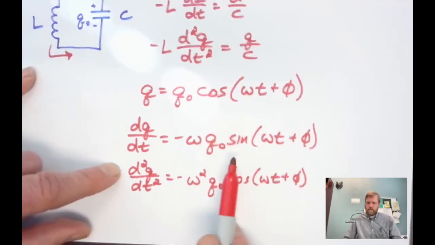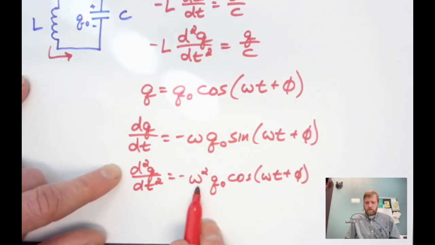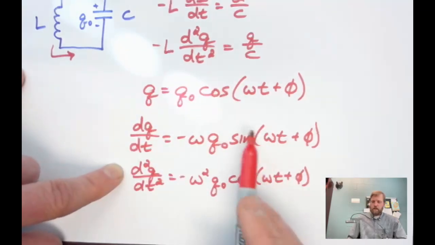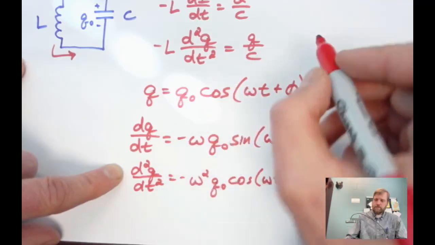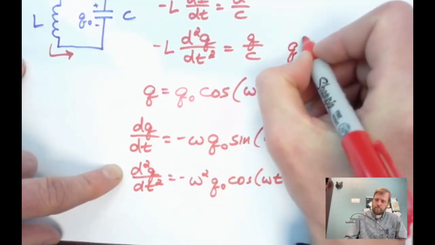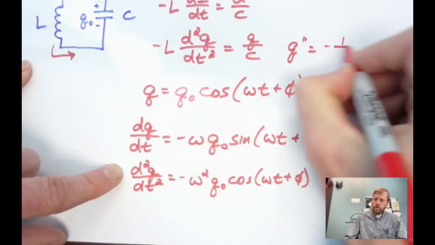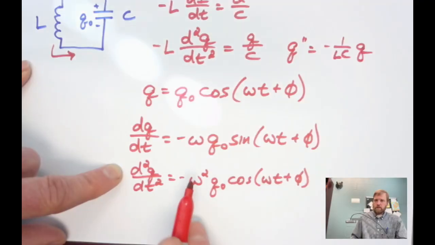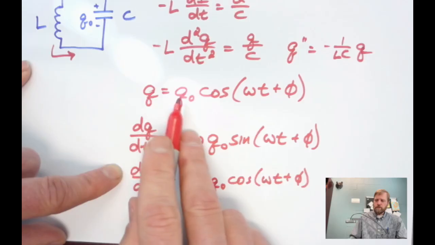So notice that we took two derivatives and we got the cosine function back. We got back what we started with, plus some constants out here. Well, those constants equal the constants up here. So let's figure out what that is. The second derivative, q double prime, is equal to negative 1 over LC times Q. If I look at these two equations right here, I've got Q is all this stuff.